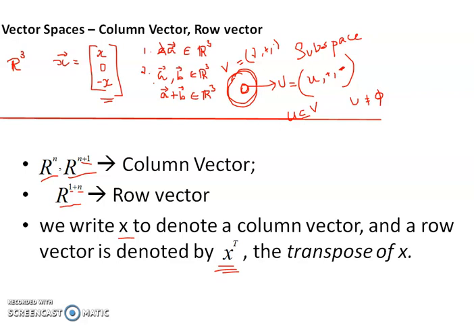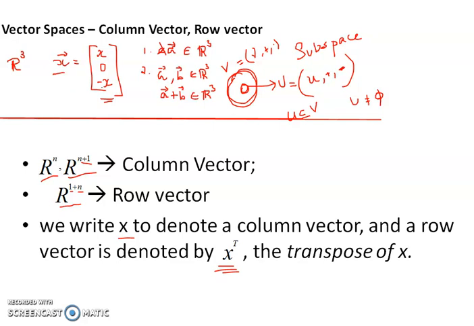So if you take any two vectors from the vector space R3, then the addition of the two vectors also belongs to R3.